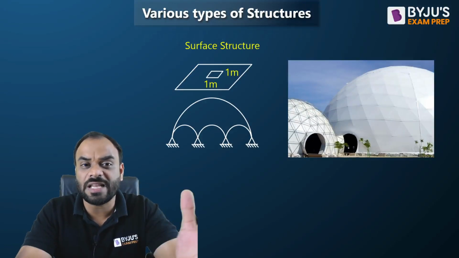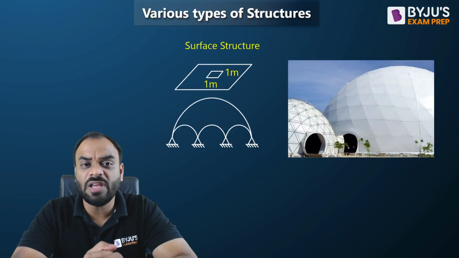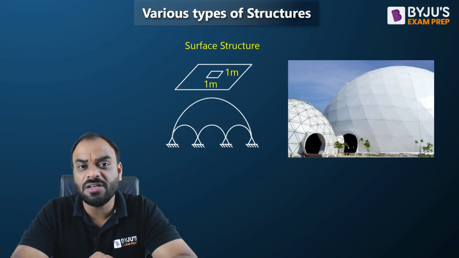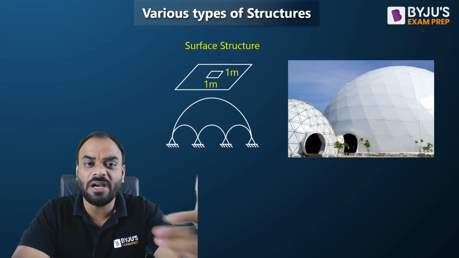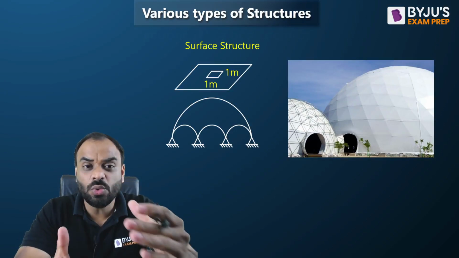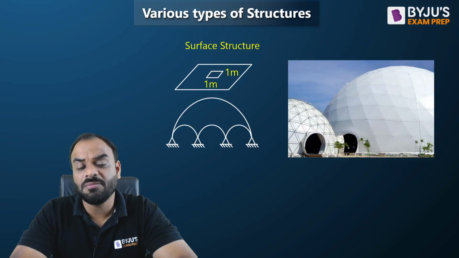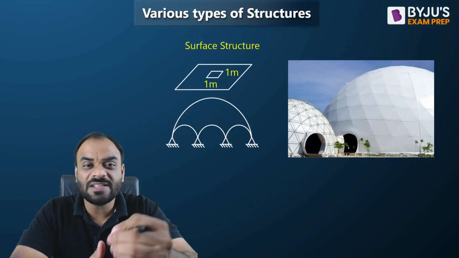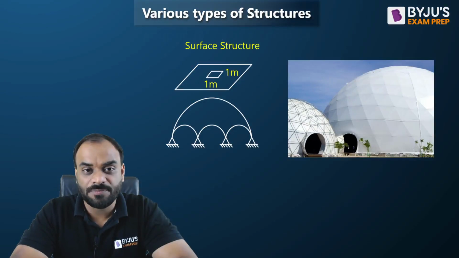If you consider the slab also, in the case of a slab, we take an element or a portion of 1 by 1 meter square area, and we find out the bending moment and the area of steel according to that. That's why it is known as a surface structure, in which two dimensions are very significant, but the third one is much lesser as compared to the other two dimensions.